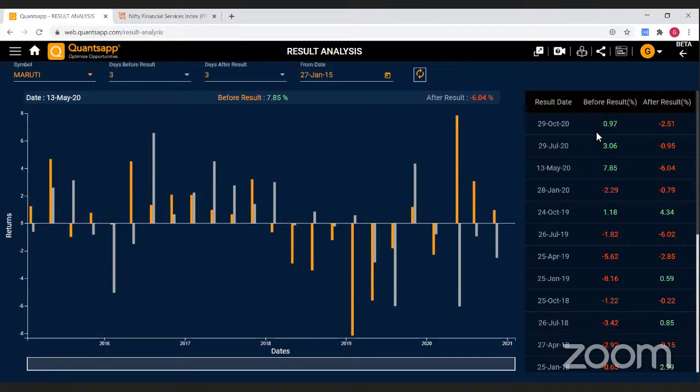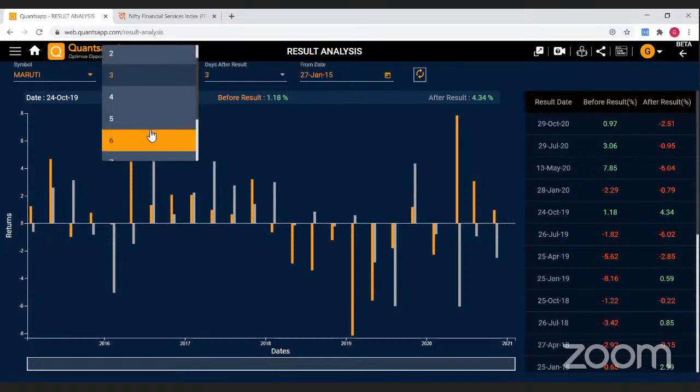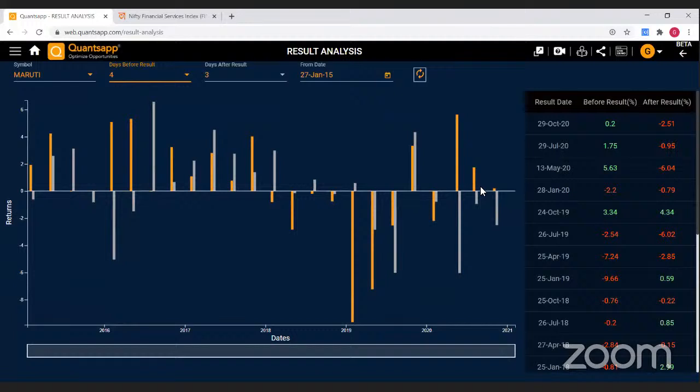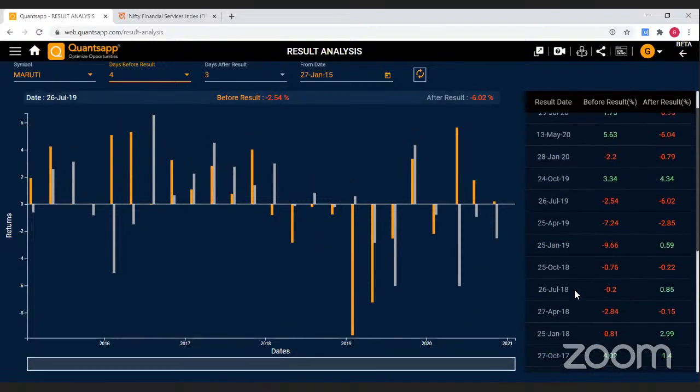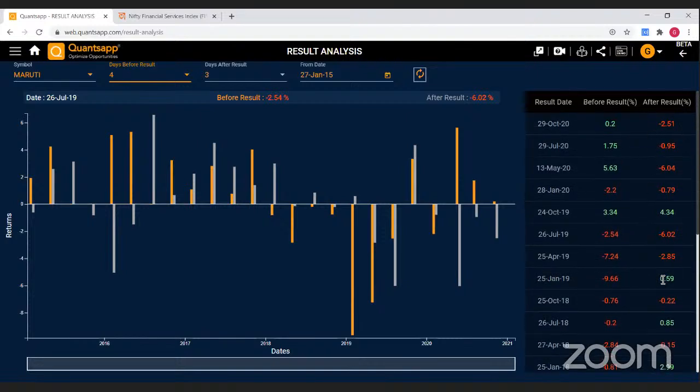Now moving to this part, this part is also the same. What we saw in the table view, we are seeing in the graph view. But here the grey bar shows the performance after the result, and the orange bar shows the performance before the result. Then you can change your number, suppose you want to see the performance for 4 days before the result. Then I can say that most of the time it has remained on the negative side in the 4 days before the announcement of the result, and post it, most of the time it has remained in the red also.